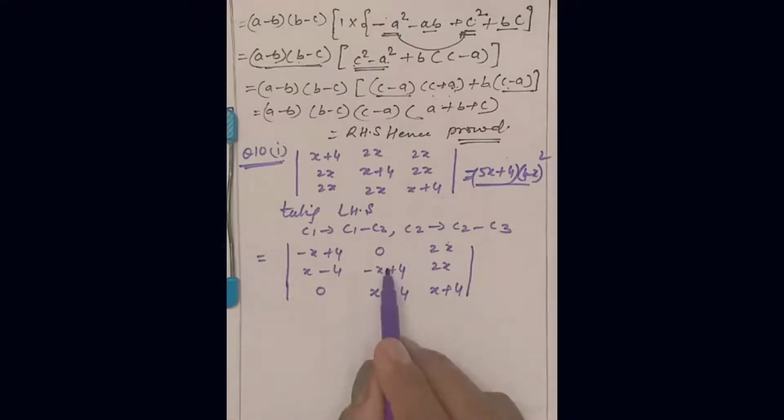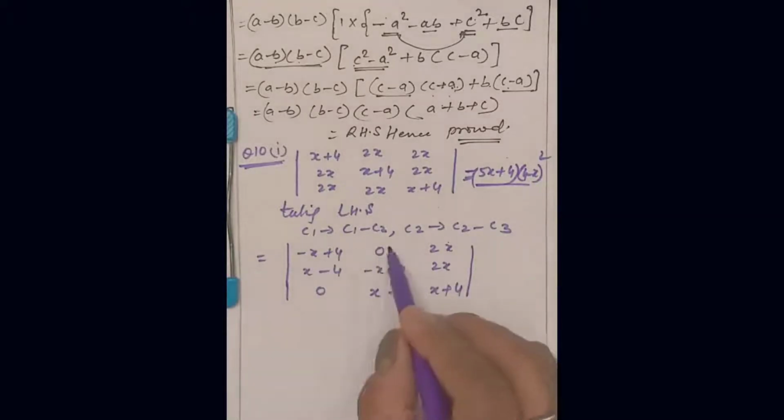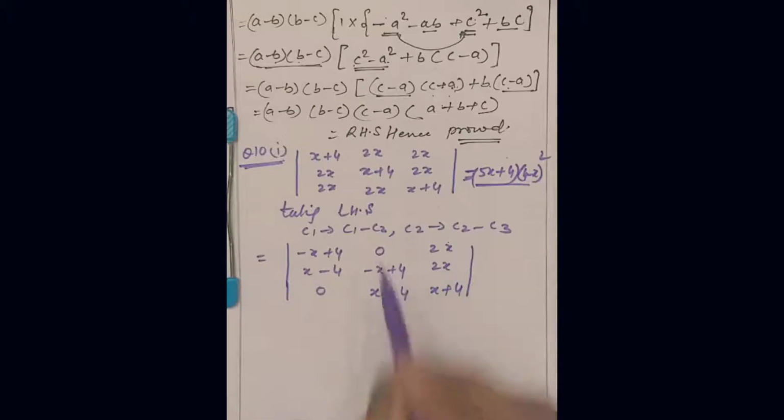And if this is being subtracted from this, then 0 minus 0 will also eliminate, that we don't want. As I told you earlier, we want as many zeros as possible. So in this case, look here, 2x and 2x can be subtracted, so here we will have 0, but you cannot do R1 minus R2, otherwise this 0 will be deleted.